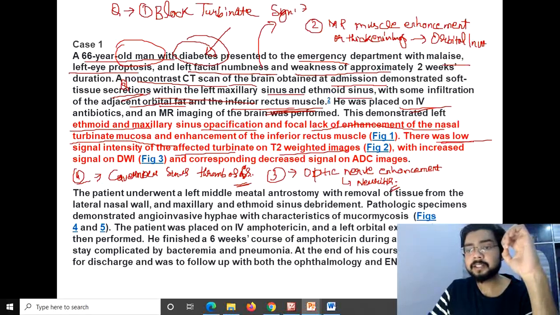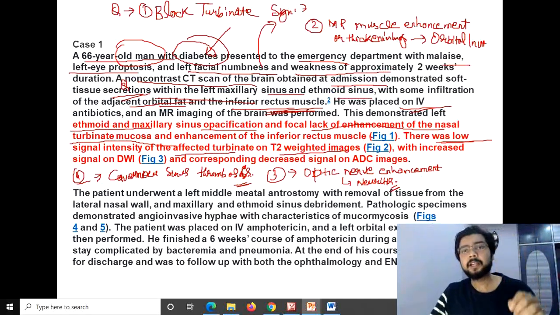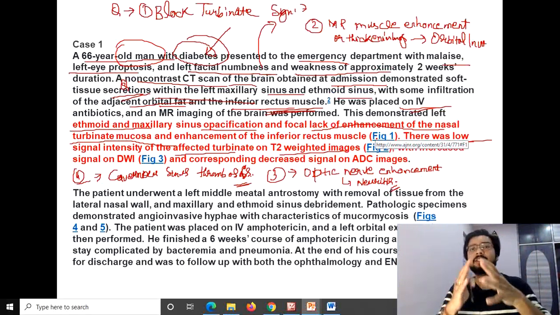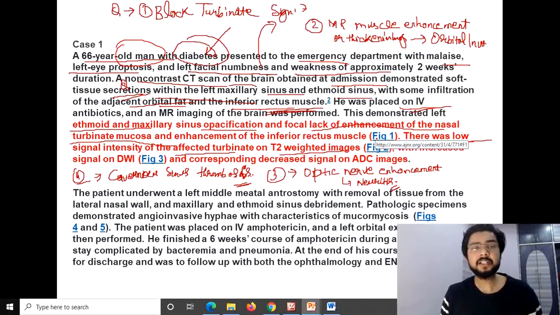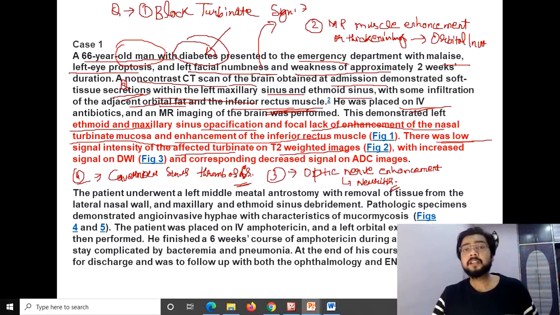It also shows low signal intensity of the affected turbinate on T2 weighted images of the MRI, right? This tells you that the contrast is not able to reach the turbinates, which is the early sign of mucormycosis, or the necrosis being done by the fatal fungus. And the enhancement of the inferior rectus muscle tells you that there is involvement of the orbit also with the fungi.